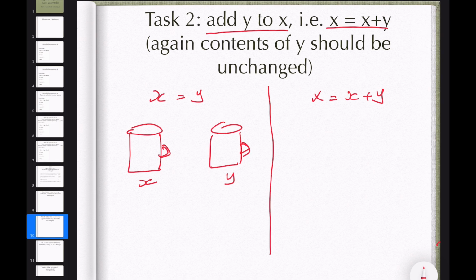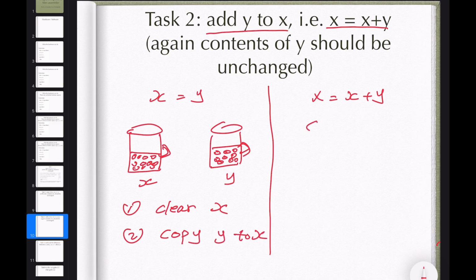When you do copy, initially you have some values in x and some values in y, right? So what we do is remove all the values in x. After we remove them, we do the copy. We copy values one by one. So two steps. One is clear x. One is copy.